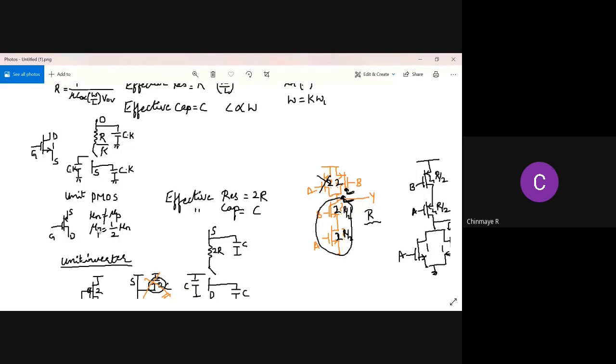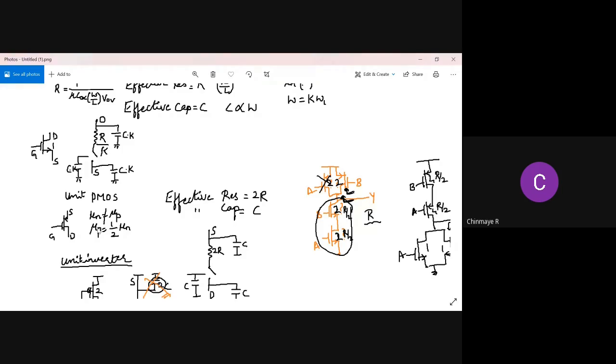Unit PMOS. So in case of a unit PMOS, we know that mu n is not equal to mu p. Mu p can be equal to half mu n, 1 by 3rd mu n, 1 by 4th mu n, because mobility depends on various factors. So for the analysis purpose, we just fixed mu p is equal to half mu n and went ahead with the analysis.